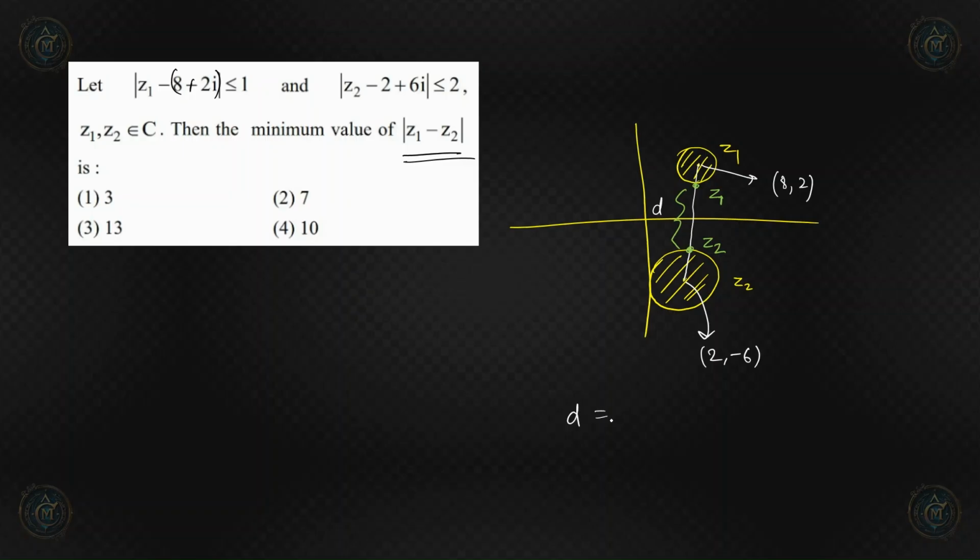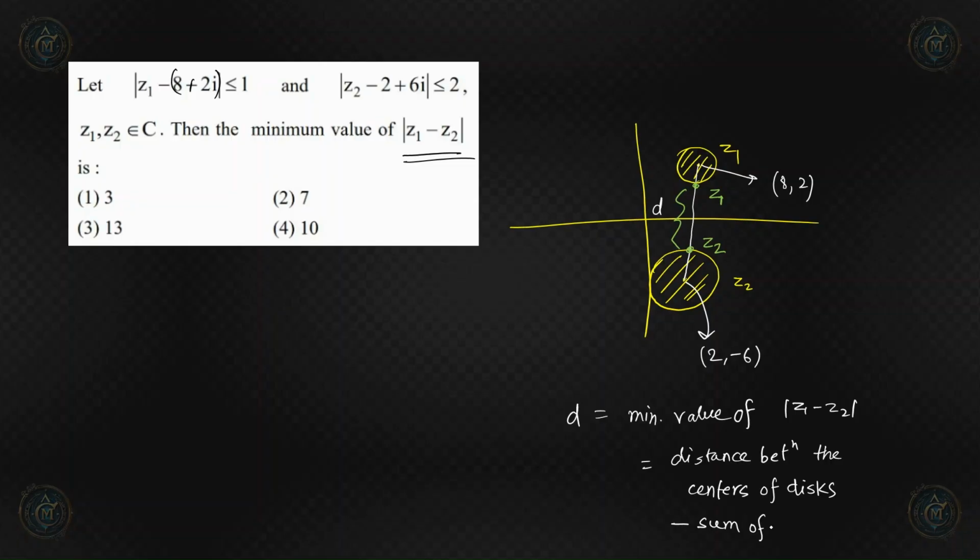So our d, which is the minimum value of mod of z1 minus z2, this minimum value will be equal to the distance between the centers of the disks minus the sum of radii. Okay, the sum of radii of this disk and this disk.